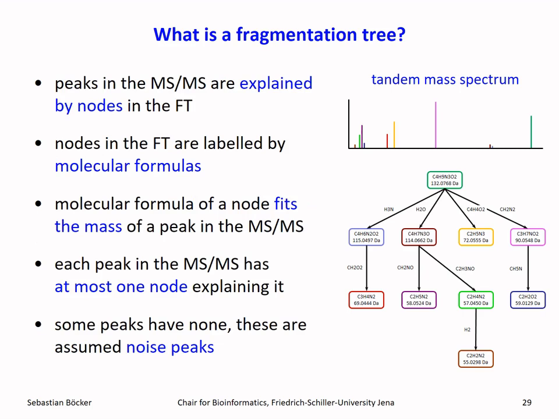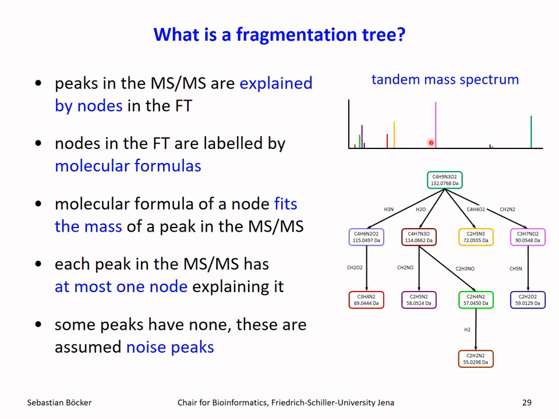So what a fragmentation tree then does is it explains the spectrum that we see here. So this peak has the same color as this node for a reason, because this node explains this peak.